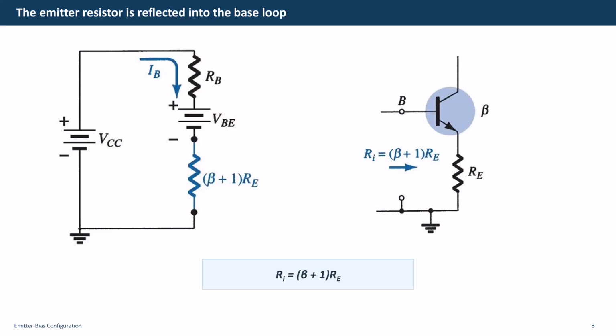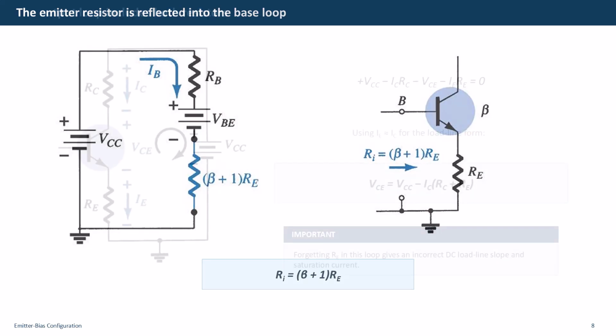We define the reflected resistance Ri as beta plus 1 times Re. When beta is large, beta plus 1 is sometimes approximated by beta, but the exact expression should be retained in formal work unless the approximation is stated and its effect is acceptable.